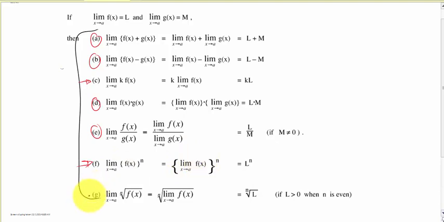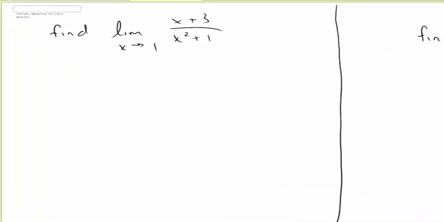And really, G is redundant since roots are exponents, but the one thing to note is that this is only true if the limit is greater than 0 when n is even, because if n is even and L is negative, we have imaginary solutions. So let's take a look at some of this.